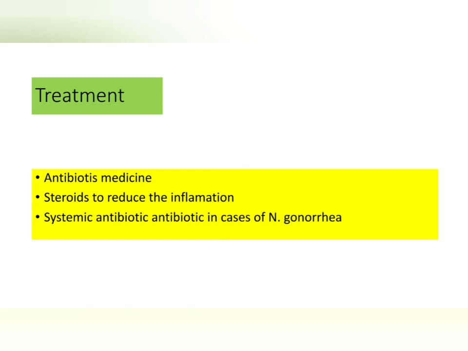If it is found that the microorganism is a bacteria, then antibiotic medication is started. Along with the antibiotic, steroid medication is also started to reduce the inflammation of the cornea, and systemic antibiotics should be given in Neisseria gonorrhoeae cases, where systemic infection can also lead to this type of infection.